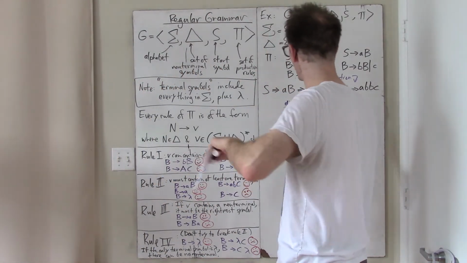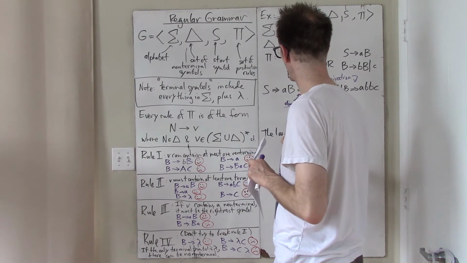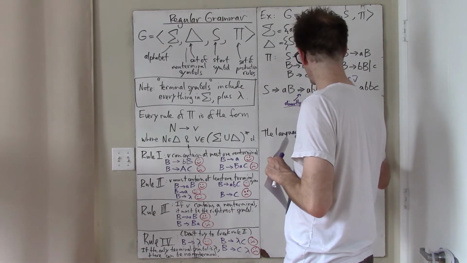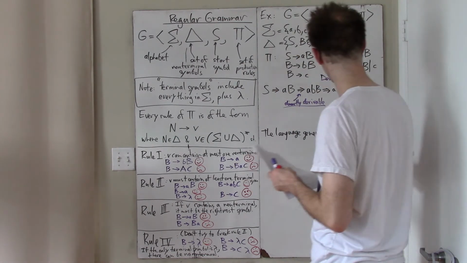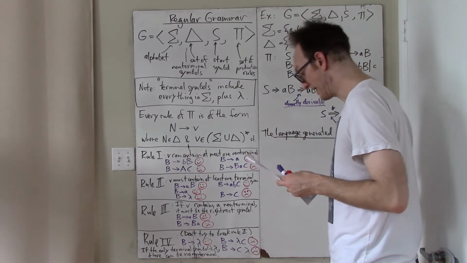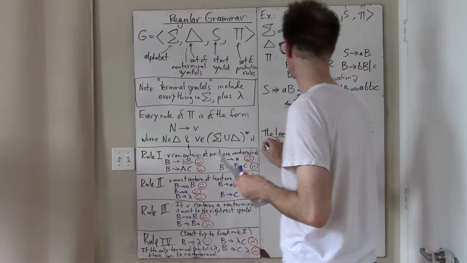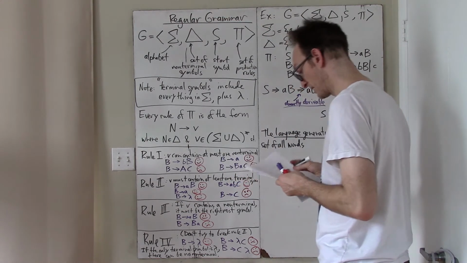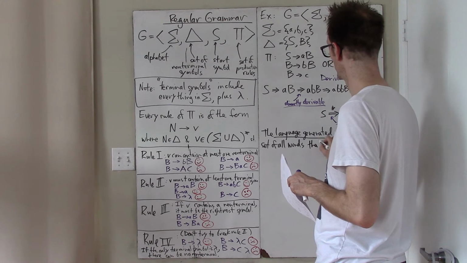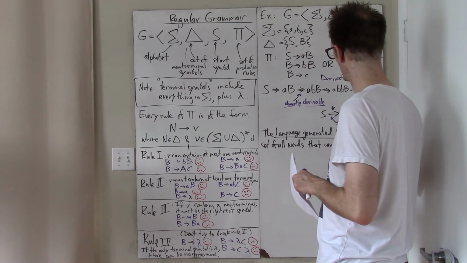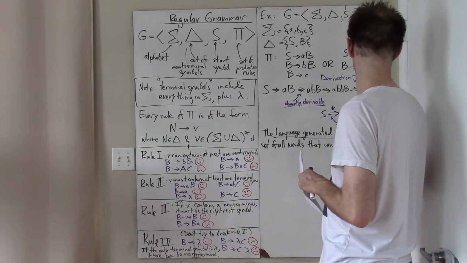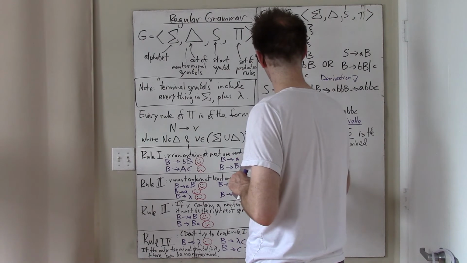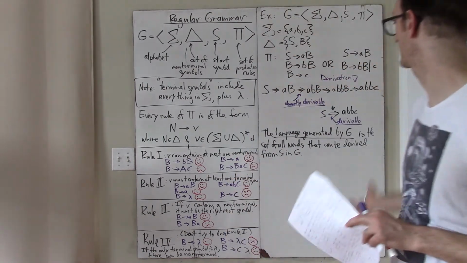Okay, a little bit more. The language generated by G is the set of all words that can be derived from S in G. So just kind of duh.